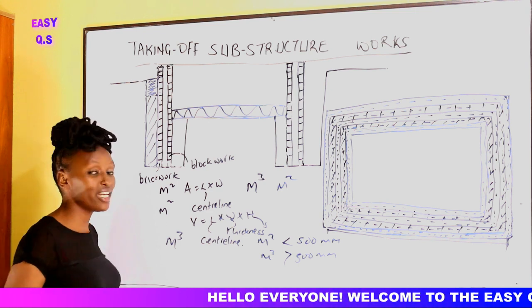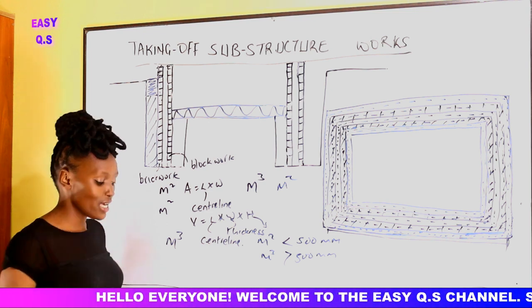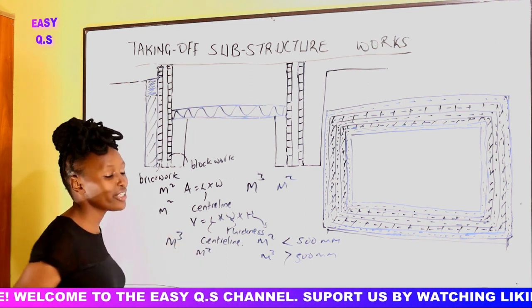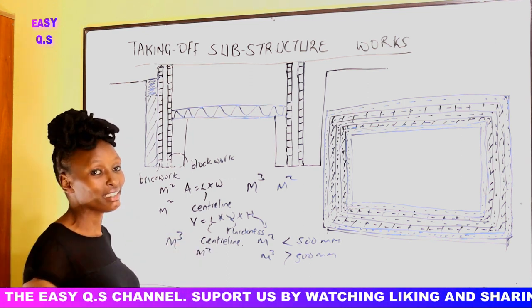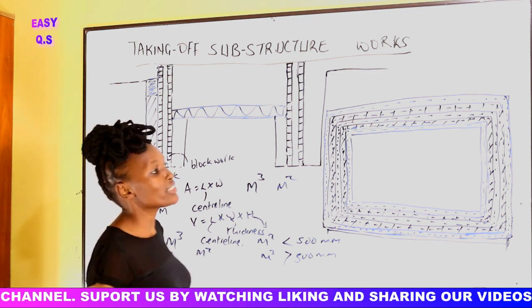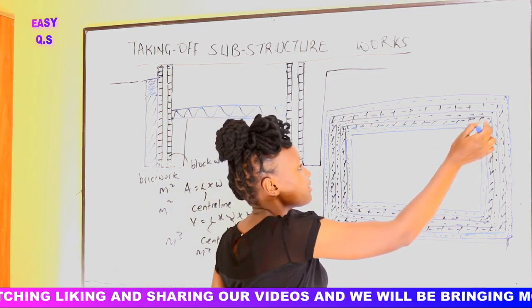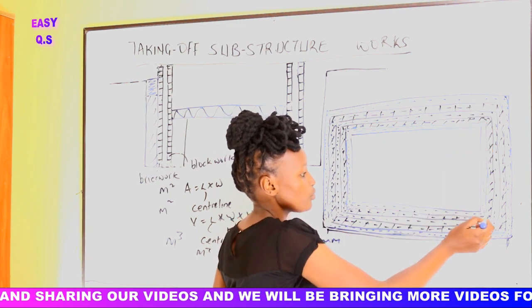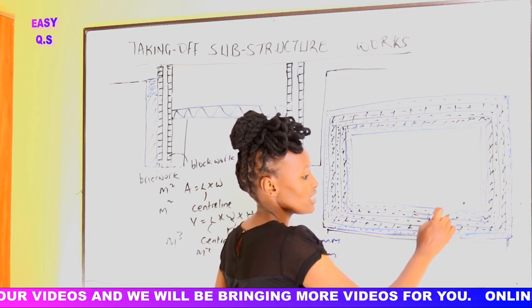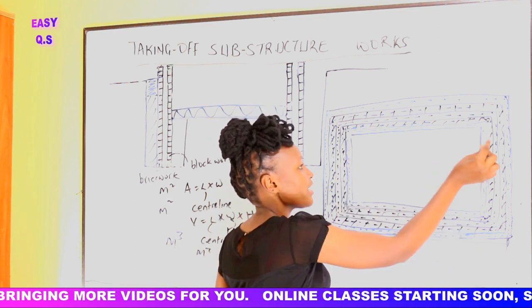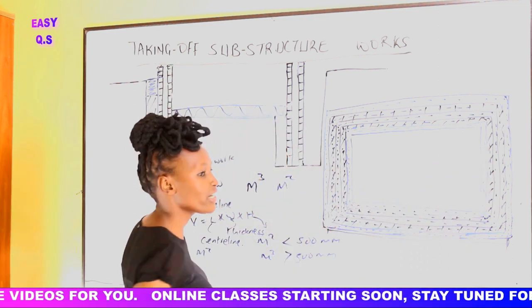So we are told in the NRM2 that we should measure compacting the filling in terms of meter squared. And when you're told meter squared, it's length times width. So we shall check the length. The length is from here up to here, width from here up to here, because remember, this one was the trench and it has been filled with hard core. So this whole area shall be done with hard core.